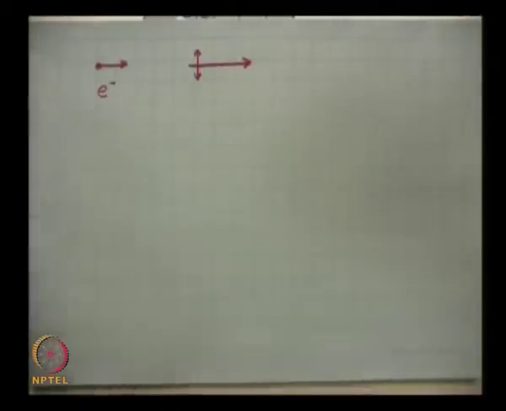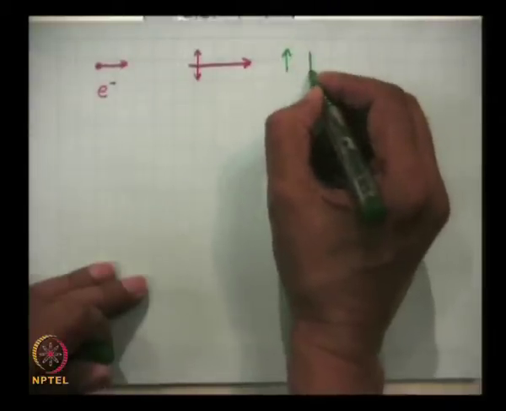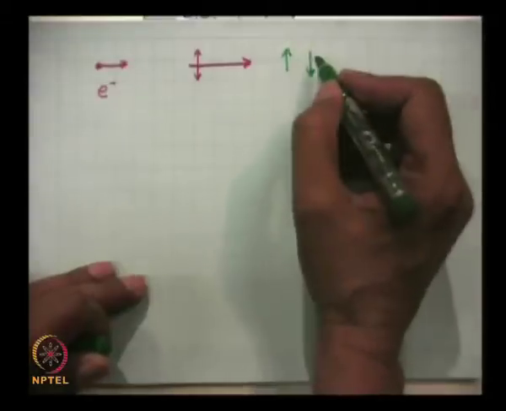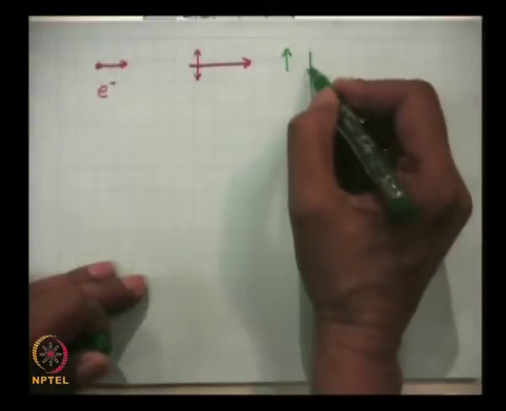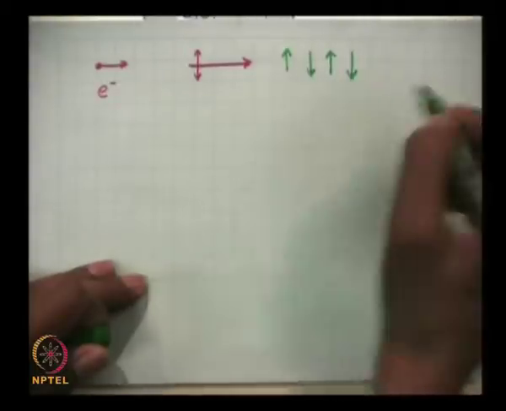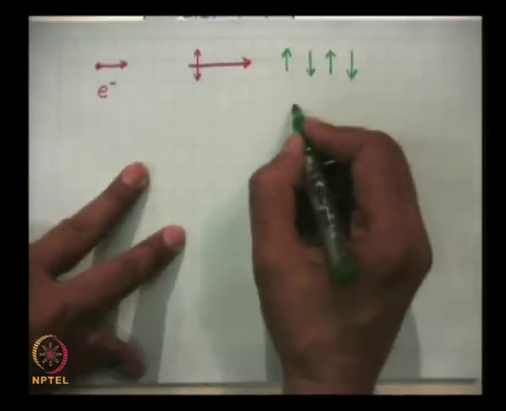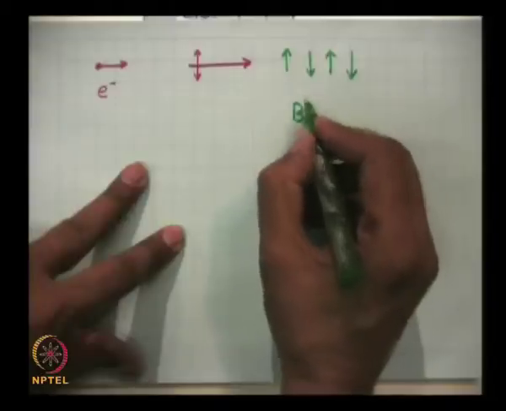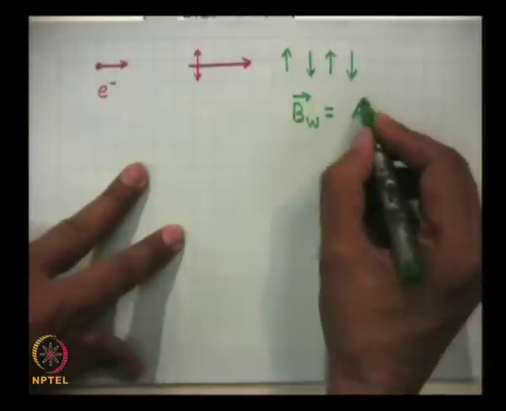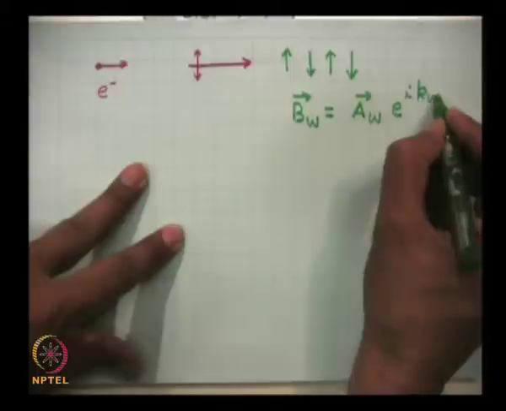So if you can have a structure like this with alternate polarity, suppose you put a magnet here that produces a magnetic field in the vertically upward direction, and another set of magnets which produces a magnetic field in the downward direction. This kind of static magnetic field configuration is called a wiggler, and if the wiggler is of this form, some amplitude and exponential of i kw z.